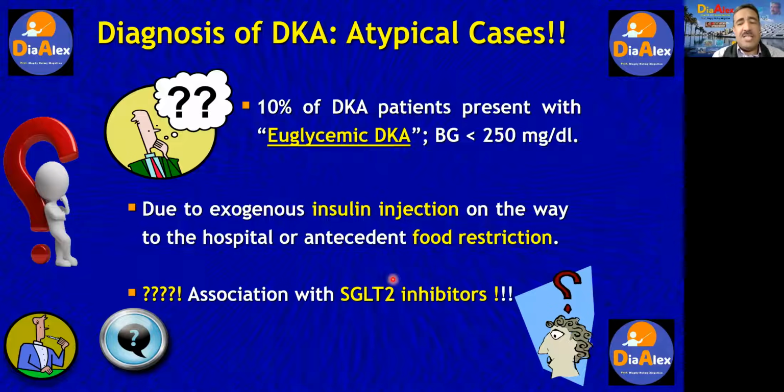The exact mechanism is not clear yet, but at the end of the day, if the patient is not well chosen, if the patient is, for example, dehydrated, not well hydrated, with the start of an SGLT2 inhibitor, the patient can get euglycemic DKA. Here the blood glucose will not be high, but the patient is having typically wide anion gap metabolic acidosis and ketosis.